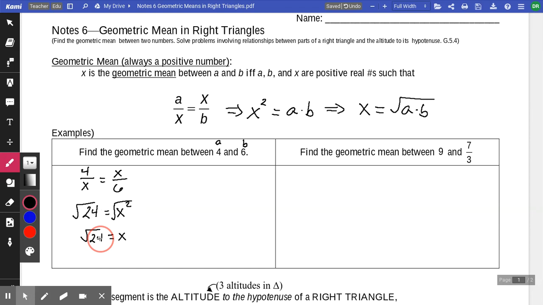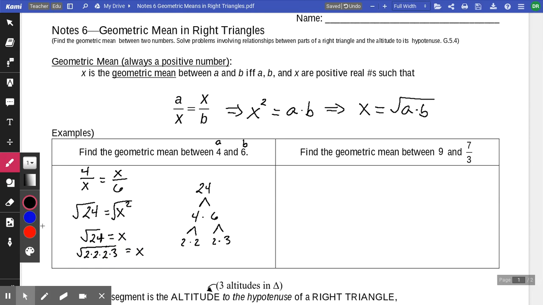Now, we don't actually know the square root of 24, but we can simplify it. If you recall, 24 is 4 times 6, and 4 is 2 times 2, and 6 is 2 times 3. And so we could rewrite the square root of 24 as the square root of 2 times 2 times 2 times 3.